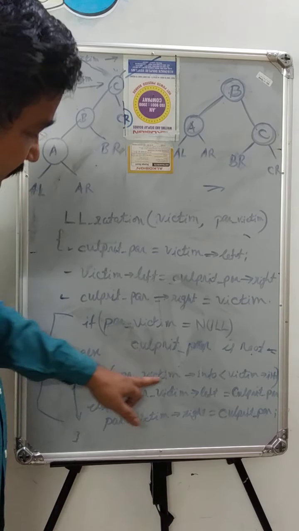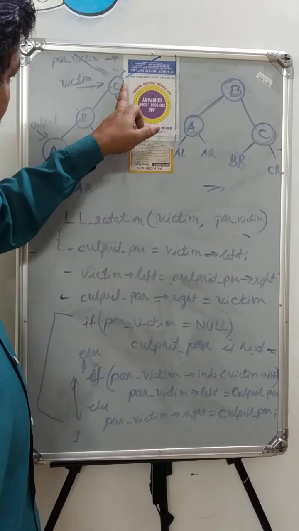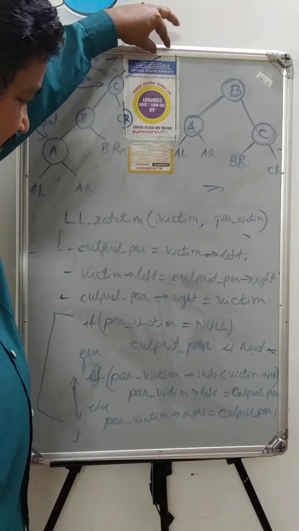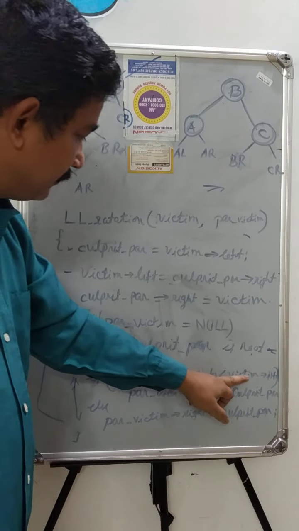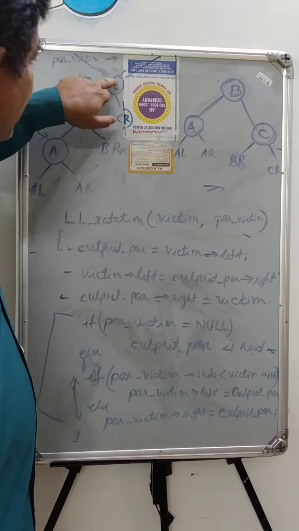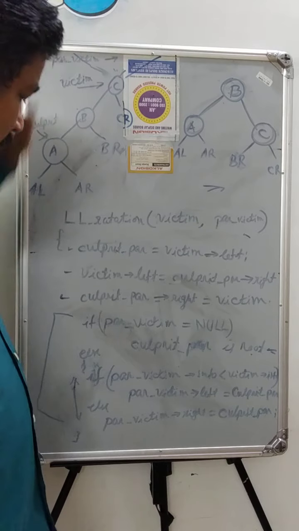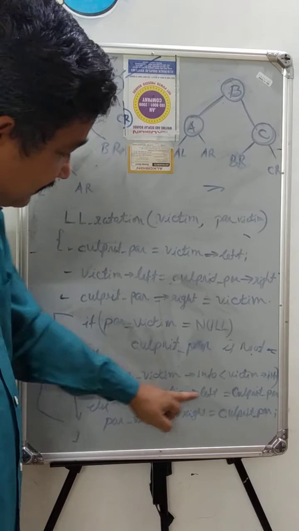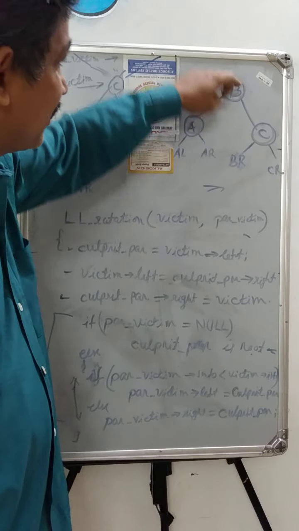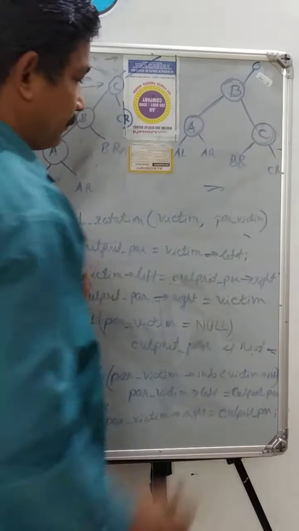So if the parent of the victim's information was greater than the victim's information, the victim is the C node, so its content is less than the parent's, that means it was on the left hand side. So the victim's parent's left will point to the culprit's parent, the new B. So the structure will be of this form.